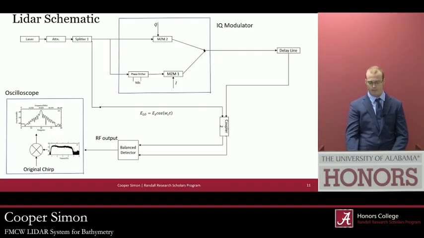The laser coming out of the modulator goes to the target, or in this case a delay line, and when it is received back, it is coupled with the unmodulated laser, and then the 2 signals are sent to a balanced detector, which converts the laser signal into a radio frequency signal, which then the frequency difference can be found using an oscilloscope.